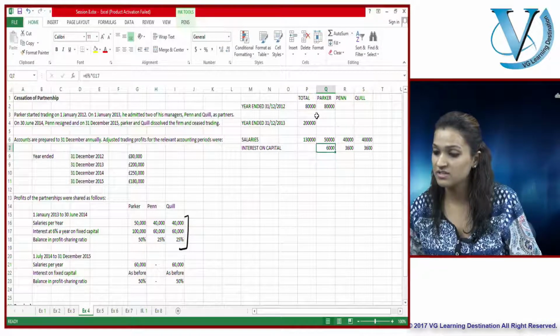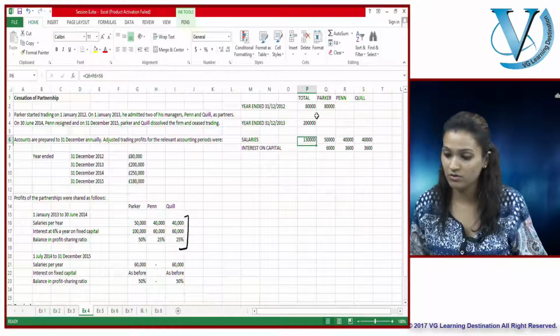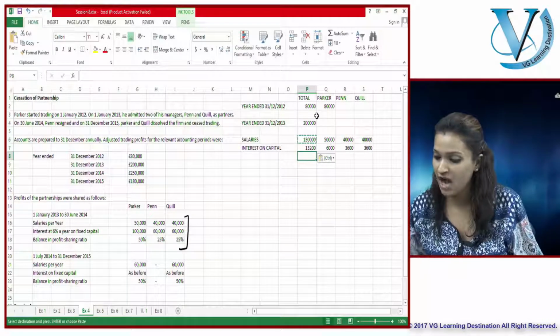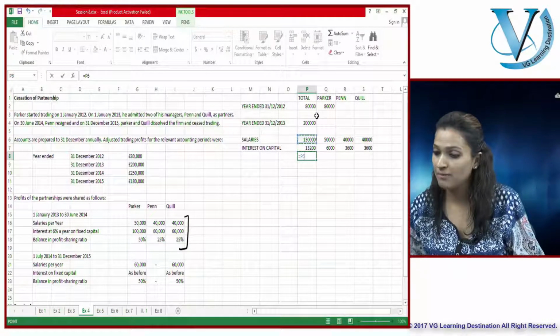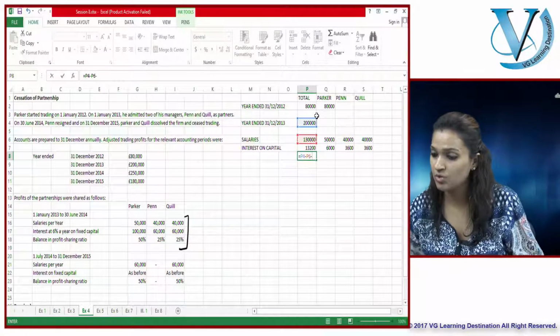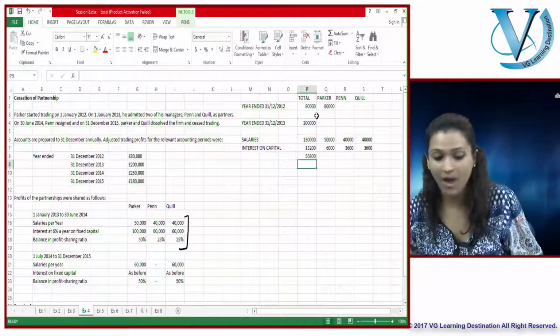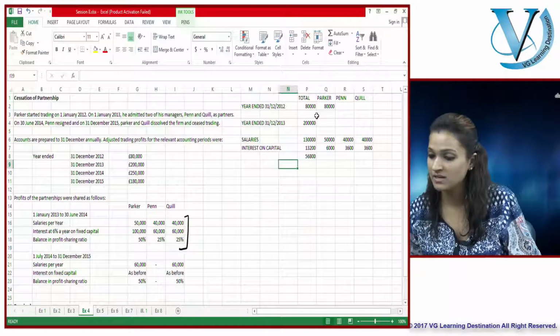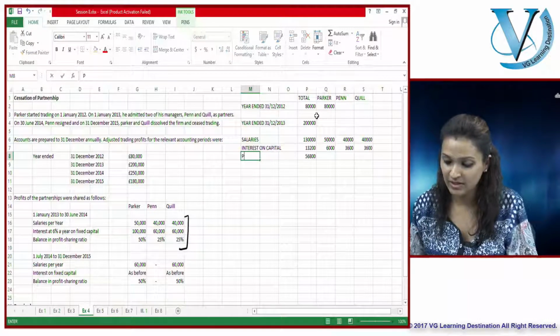Let's find out the total. Out of the total 200,000 pounds, we now have 56,800 to be divided as profit.